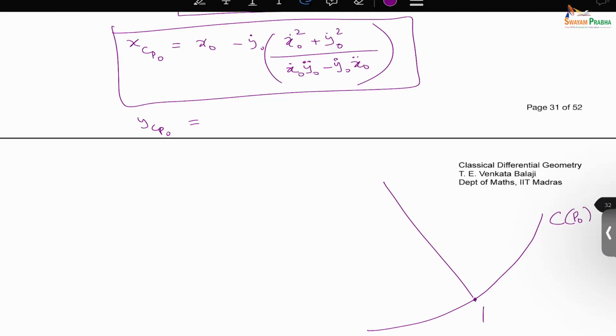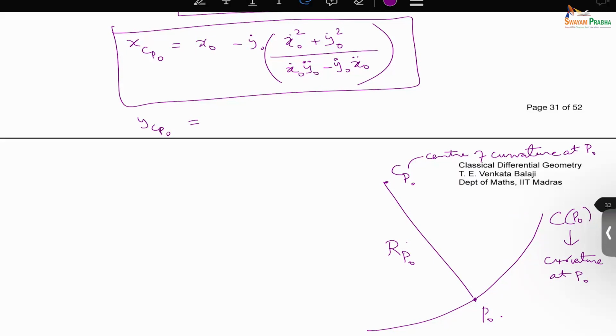This is the point P naught, and this is the center of curvature, Cp naught. This is the circle of curvature at P naught, and this length is the radius of curvature at P naught, r sub P naught.